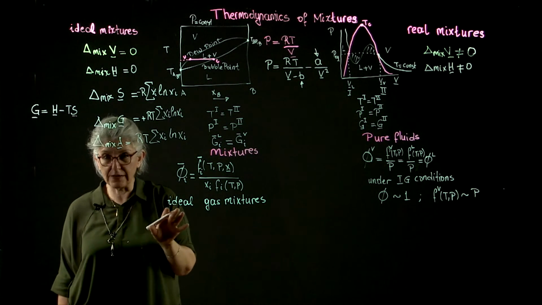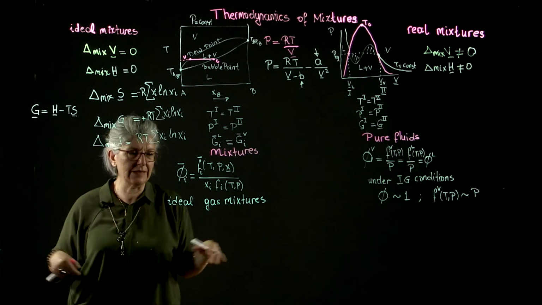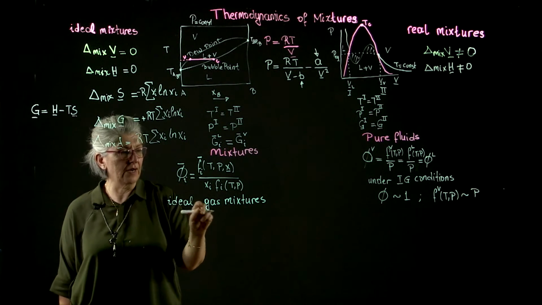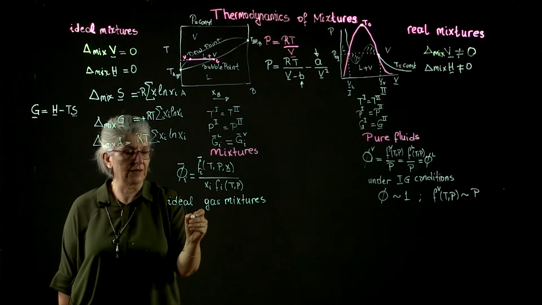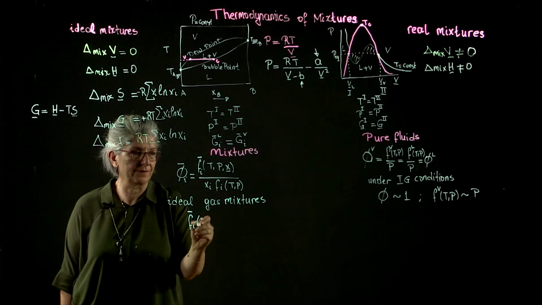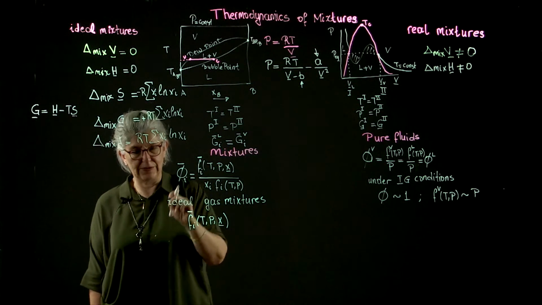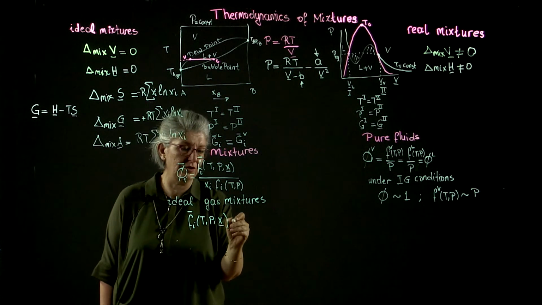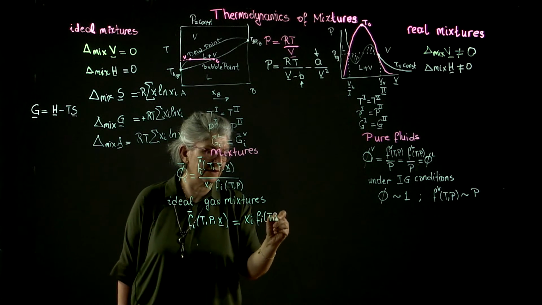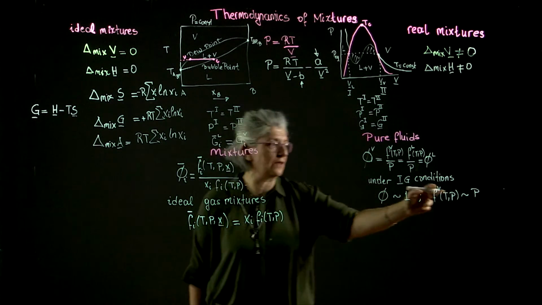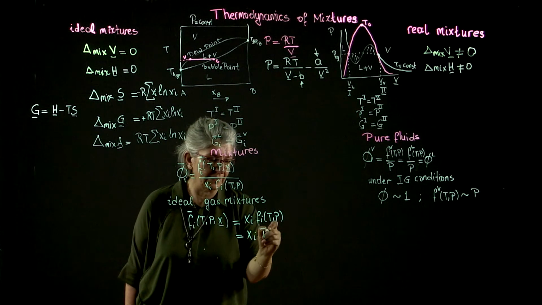All right, and we are expecting that ideal gas mixtures behave ideally: large volumes, no molecular interactions, no attractive forces, and so on and so forth. So we're going to have close to unity fugacity coefficients, and the fugacity of that component in the mixture is going to be xi times f_i at T and P. But remember, this was equal to its pressure, so this should be equal to xi times pressure.